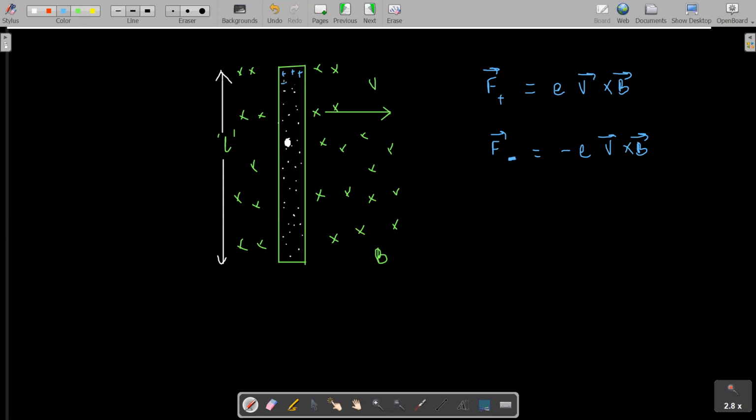So can I say that all the positive charge will accumulate on this side and all the negative charge will accumulate on this side? So what happens is that a few charges go here and a few charges go here, and these charges produce an EMF across this rod, which we call motional EMF.